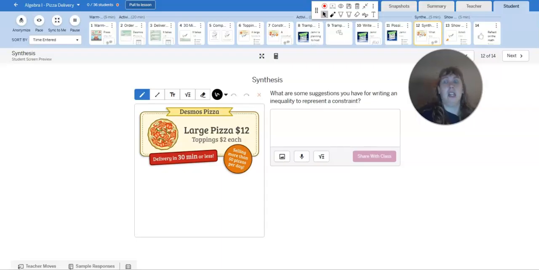Some things are thinking of those keywords that we saw, like less, more than, at least. That gives you clues as to which inequality symbol to use. Also remembering that the variable is going to be that unknown value or the value that changes. And it can be helpful to reread the inequality to make sure that it makes sense with the context.